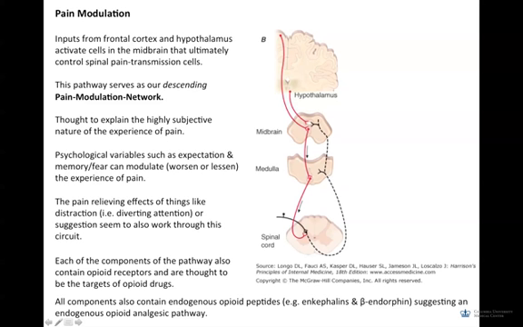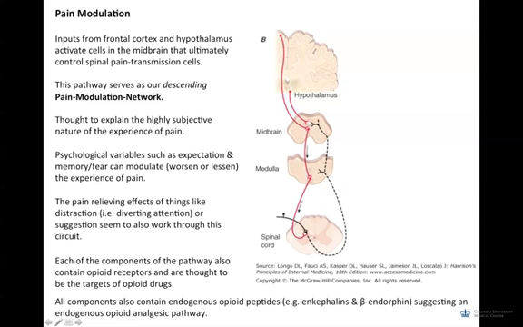So those afferent nociceptors that are coming in, this descending pathway is going to control their activity. Okay. Now, this means that the brain has the ability to control the ability for this pain message to actually even get into the spinal cord and then move up and be felt.